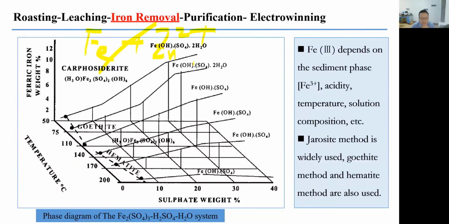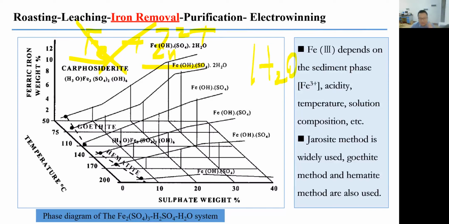In the solution phase, we have zinc ions, sulfuric acid, and ferric or ferrous ions and some other ions. And the biggest part will be water. So in this aqueous solution phase, how do we get the iron out?